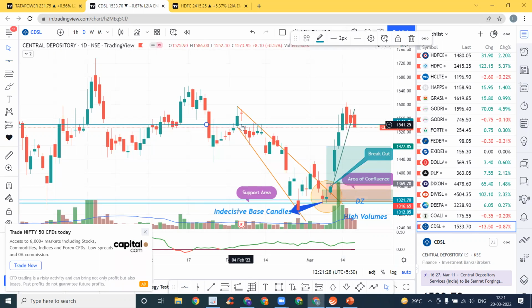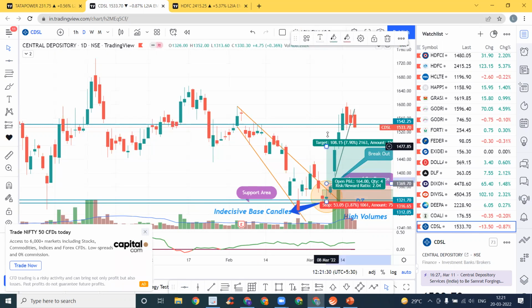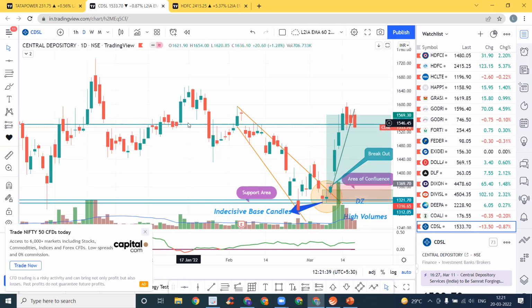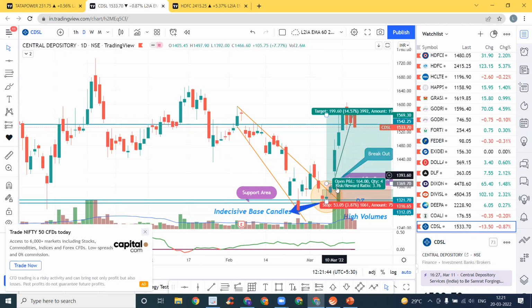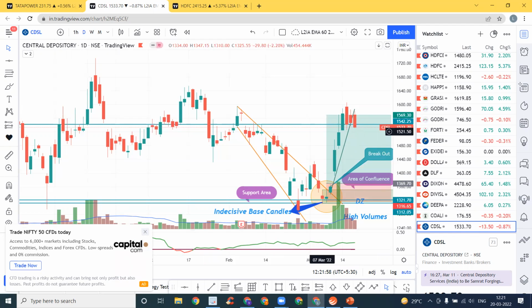So I keep it up to here. This is slightly below my opposing level, so that I don't get into a loss. So what is happening? My risk reward ratio is 3.76. What does this mean? If I take X as the loss, stop loss, then 3X will be my target levels. This is my CDSL trade. And this yellow box, the yellow circle, what you are seeing is nothing but my area of confluence. I'll show it a little bigger.